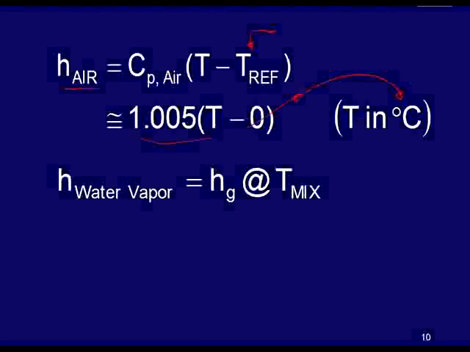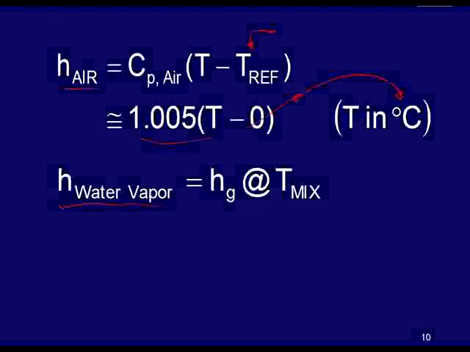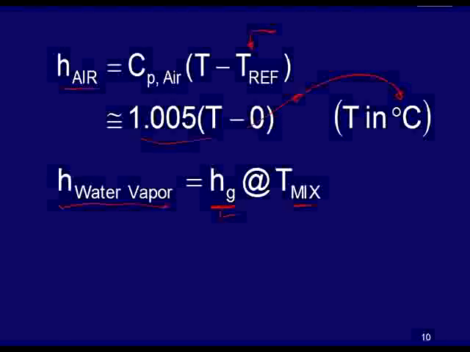We also have the enthalpy of the water vapor that's in the mixture. And most psychrometric charts will refer the water to the same reference point as the steam tables. So you can look up Hg from your steam tables, that's H of the gas, and add the temperature dependence of the mixture. And if it's an ideal gas, then Hg is a function of temperature only.